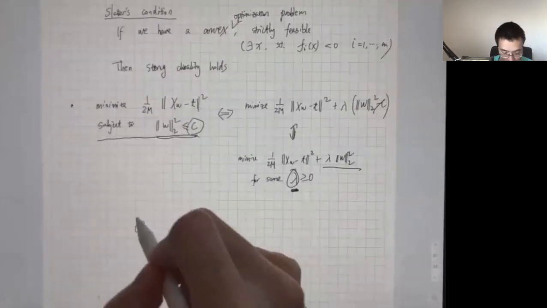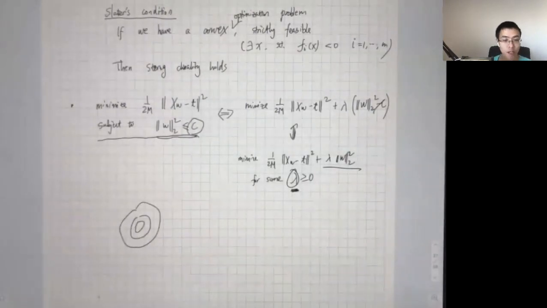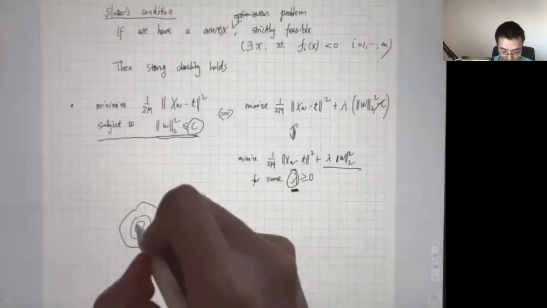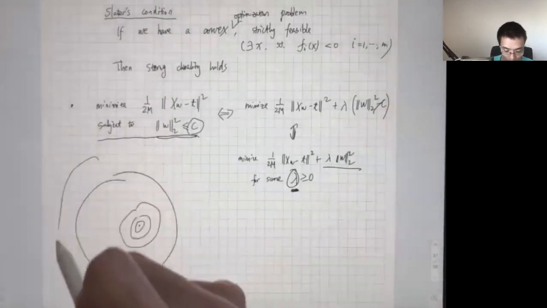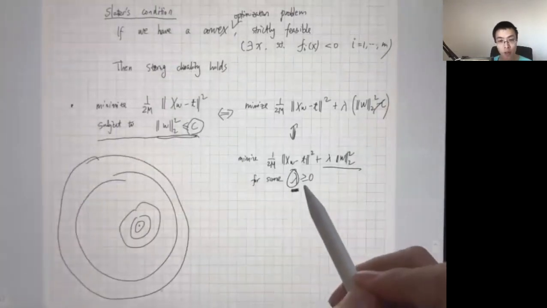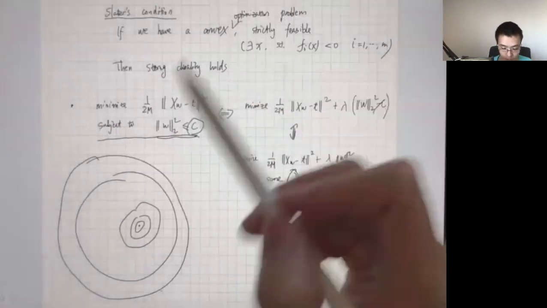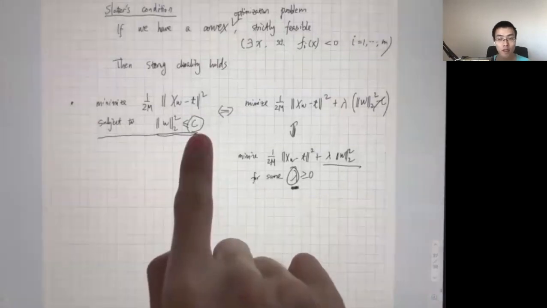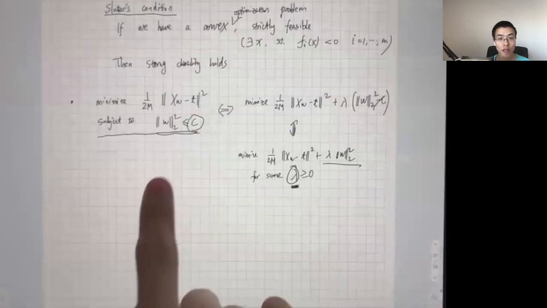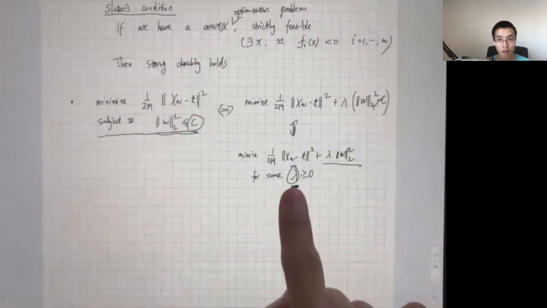For example, this is my contour, and my feasible solution has already included the optimum. So this is my C. If you enlarge your C, the lambda is not changed. The lambda is just 0, okay? But in the usual case, it still makes a difference. If it does not include the optimal solution, then it's likely that you will get different lambdas.